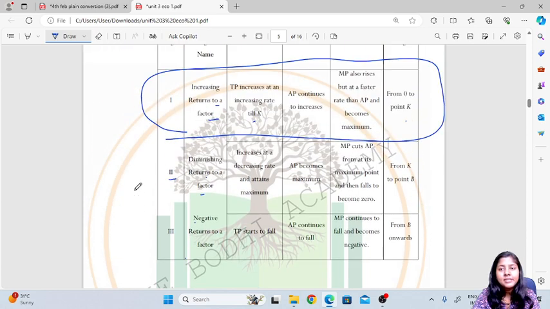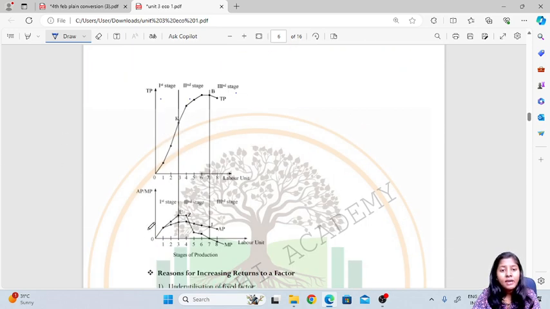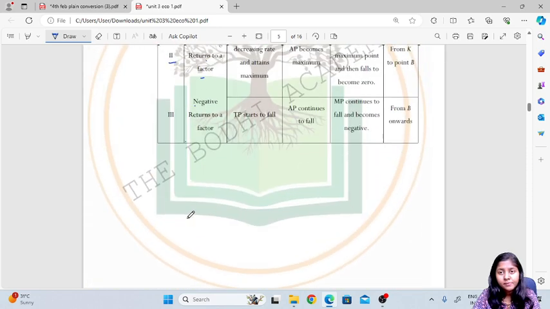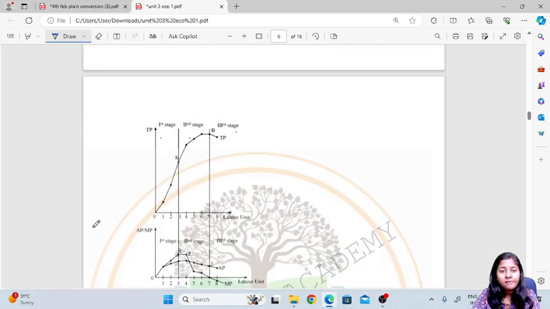MP rises and becomes maximum over here. The range is from 0 to point K.